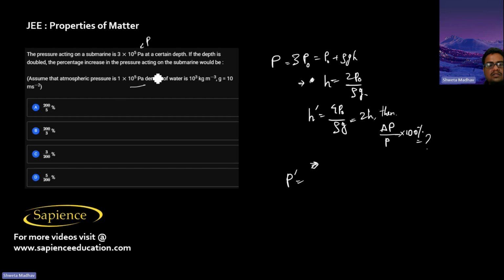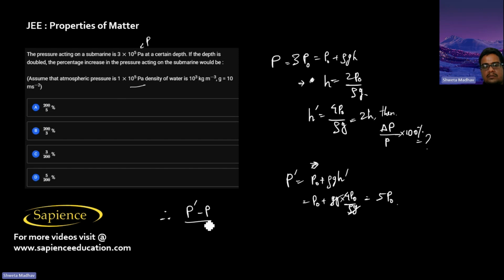And P dash will be equal to P naught plus rho g into h dash. So that will be P naught plus rho g into 4 P naught by rho g, that is 4 P naught plus P naught, that is 5 P naught. So therefore the increase in the pressure is P dash minus P by P into 100%. So that is 5 P naught minus 3 P naught divided by 3 P naught into 100%.